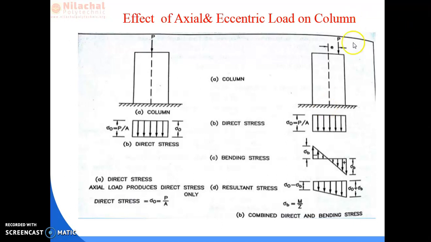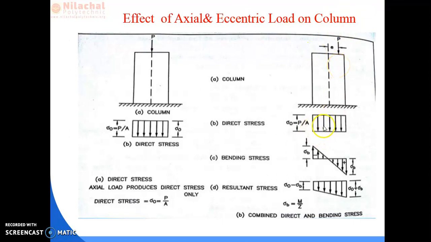As the resistance is given towards the downward load, there will be a bending stress produced, causing a tensile stress in the cross section. Along the left part there will be a compressive stress, normalizing the bending stress produced along the left side. So there will be a bending stress, one compressive and another tensile, as we have studied in the simple bending theory of beam. A similar concept will be applied here.